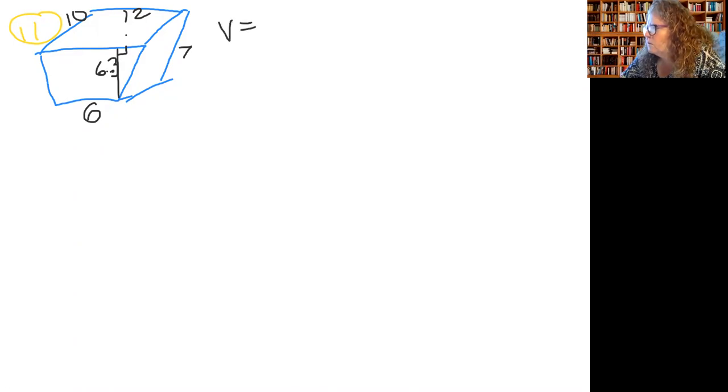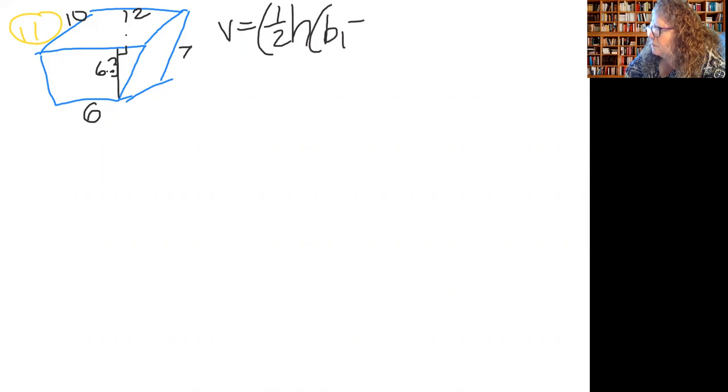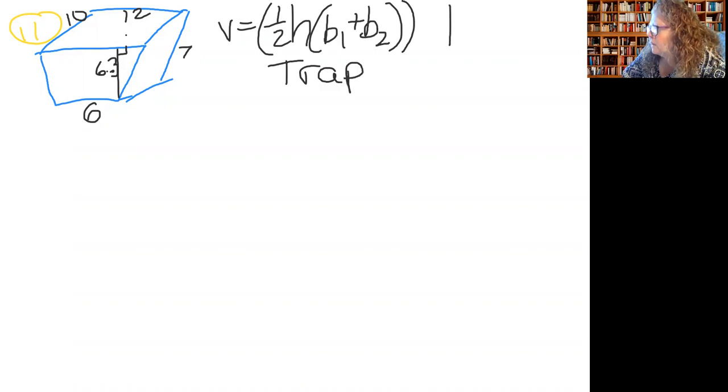V is equal to 1/2 h of my trapezoid, B1 plus B2. That's the trapezoid. Times big H. Write all that information in. Simplify and put your answer in the chat box.